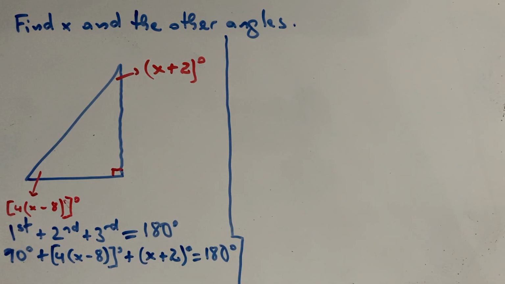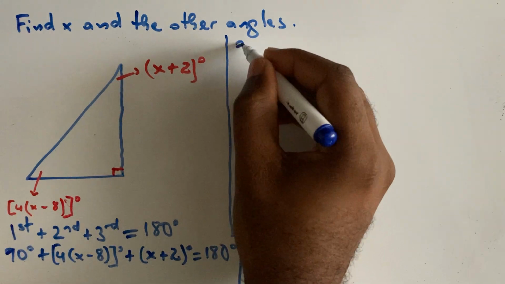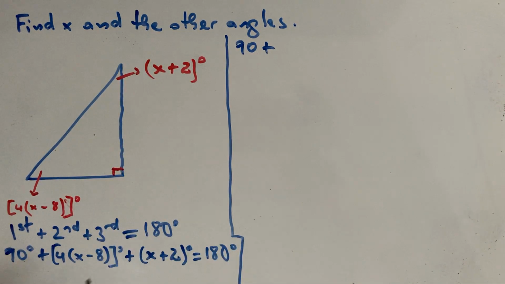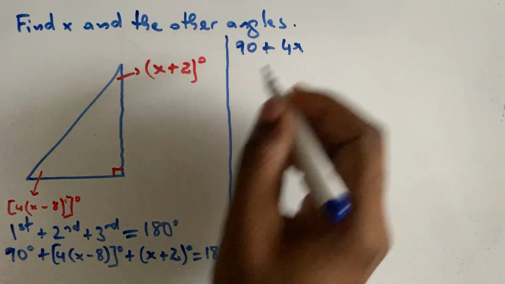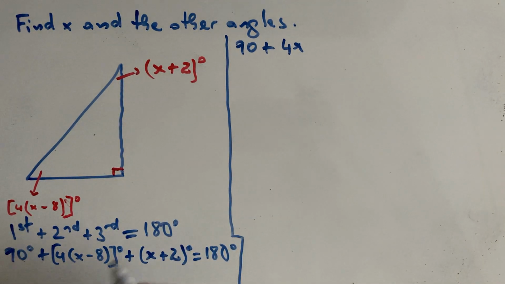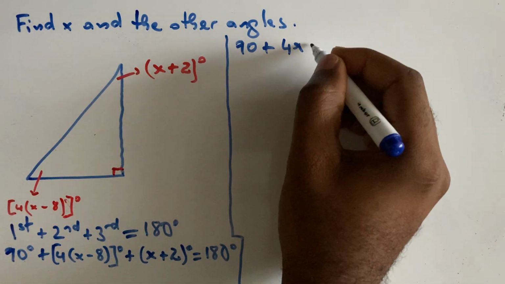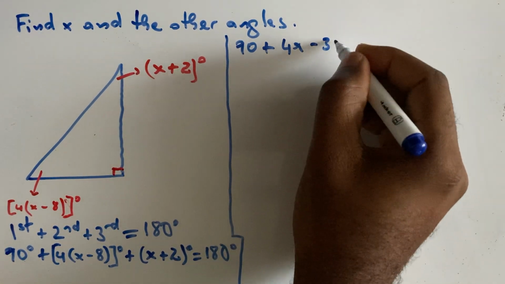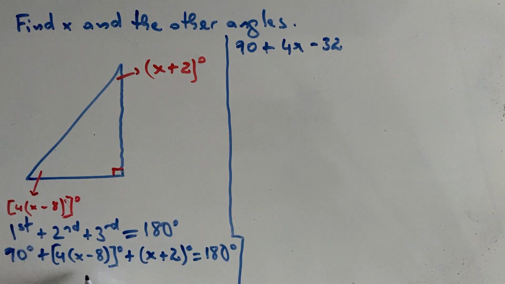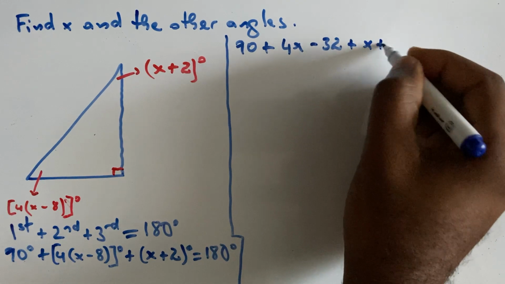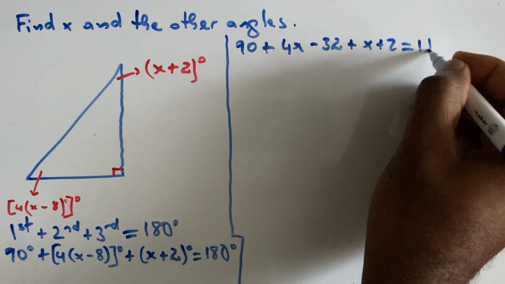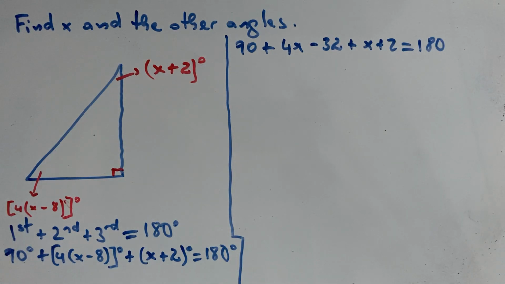You have 90 plus, I'm going to distribute here, 4x, then 4 times negative 8, so 4x minus 32, plus x plus 2 equals 180.